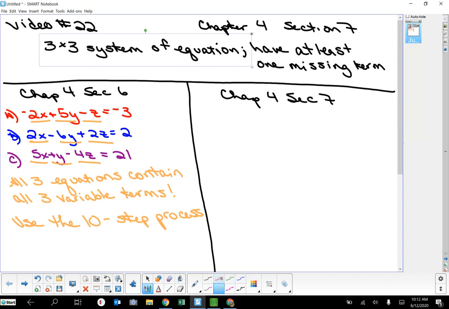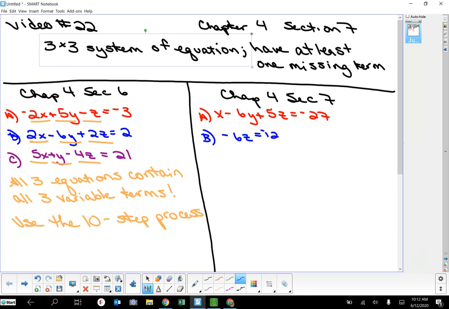Well, here's what these problems are going to look like in this section. And we're going to do at least 3 examples because they're all just a little bit different from each other. But in this one, equation A is x minus 6y plus 5z equals negative 27. Equation B is just negative 6z equals negative 12.